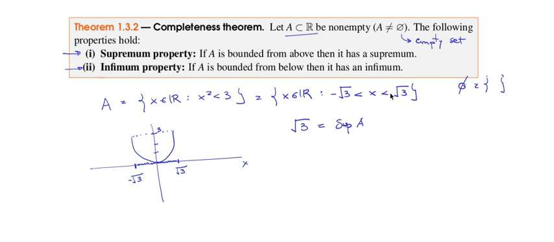If you pick any number that's just smaller than the square root of 3, then it fulfills this condition, and that number will belong to A. But this number is the smallest of the upper bounds that is greater than every other element of A. Okay, but it doesn't belong to A, so this is not the maximum of A. And with the same argument, we can say that minus square root of 3 is the infimum, and it's not the minimum of A. Okay.